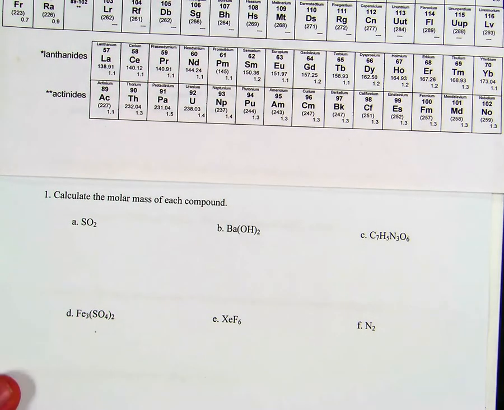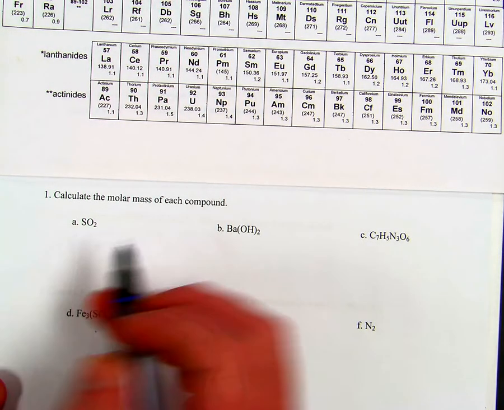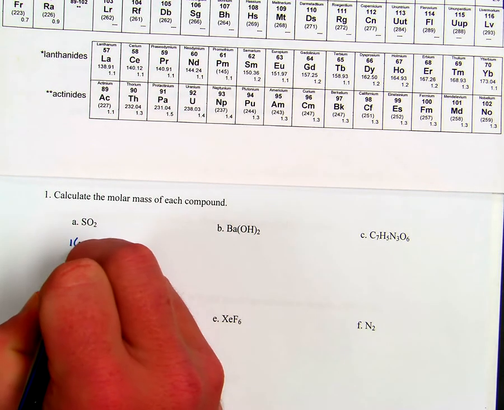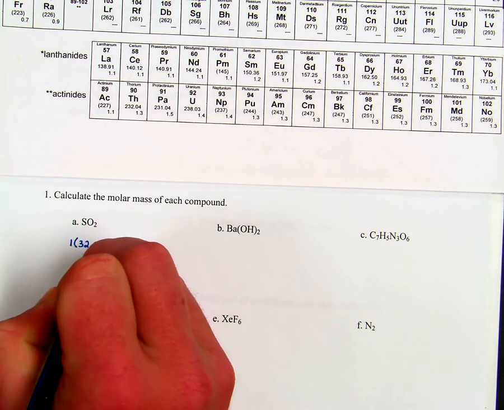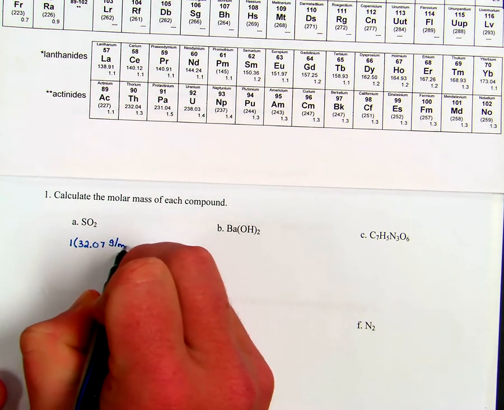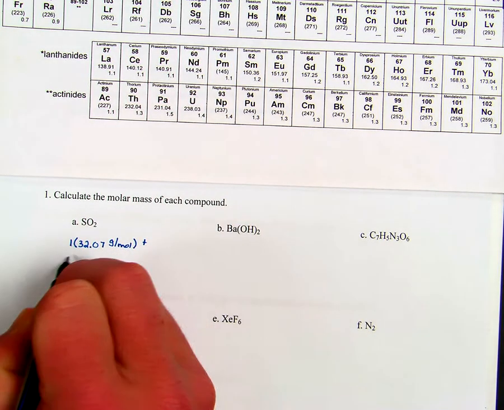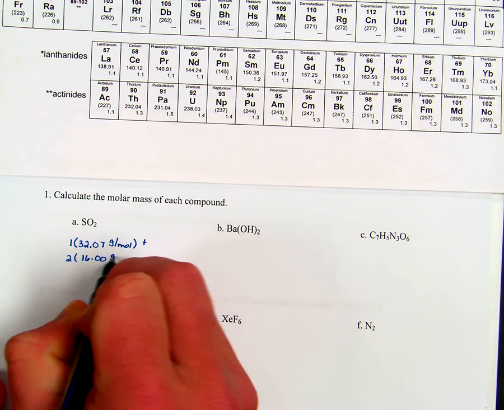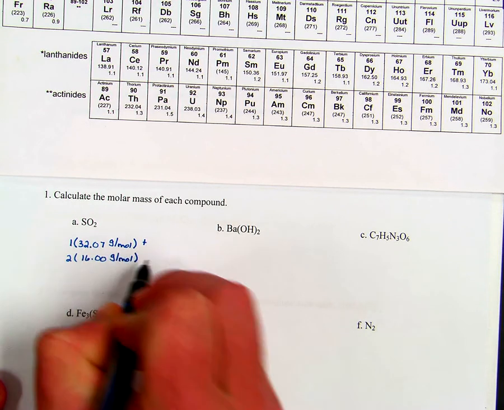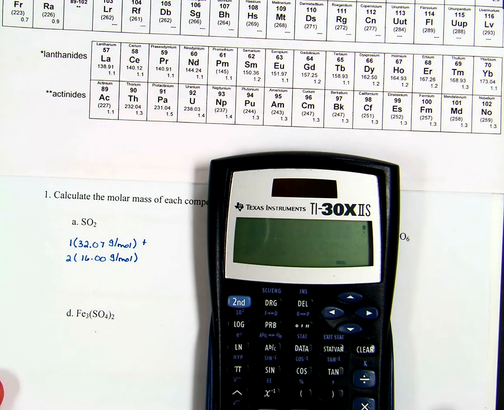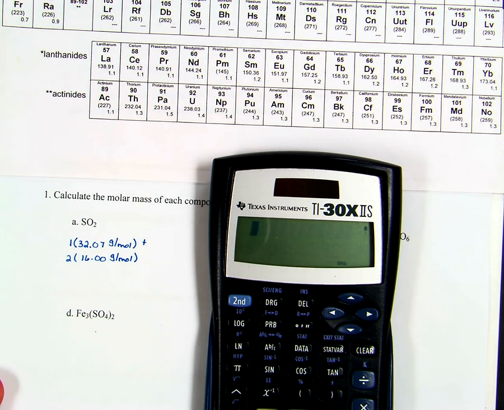The first one, we have SO2, sulfur dioxide. So in this compound, there's 1 mole of sulfur. So 1 times the molar mass of sulfur, which is 32.07 grams per mole, plus 2 times the molar mass of oxygen, which is 16.00 grams per mole. When you plug this in your calculator, you don't have to worry about parentheses or anything, because your calculator will do the order of operations correctly.